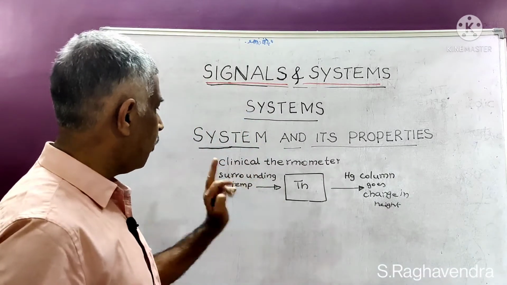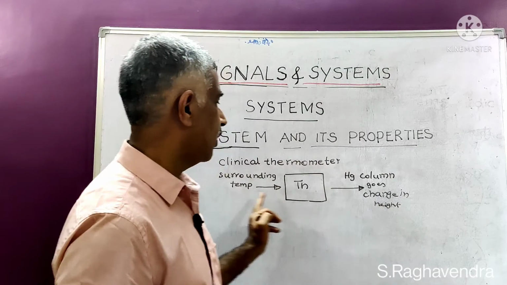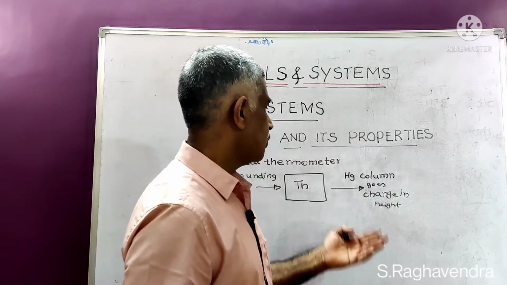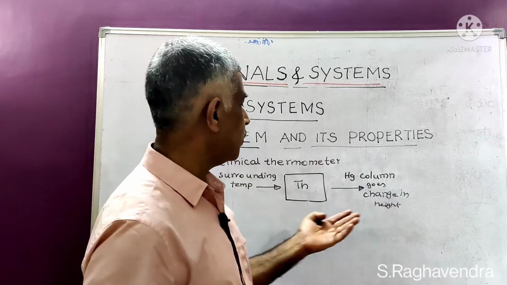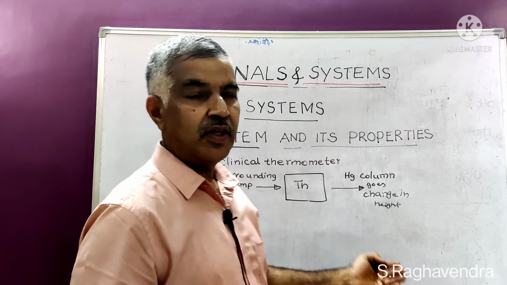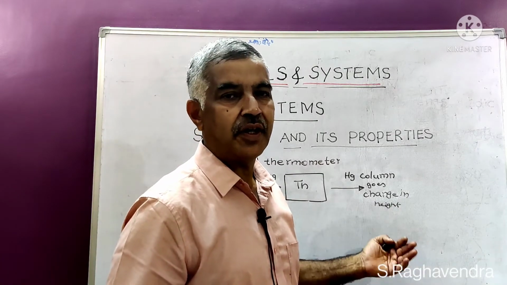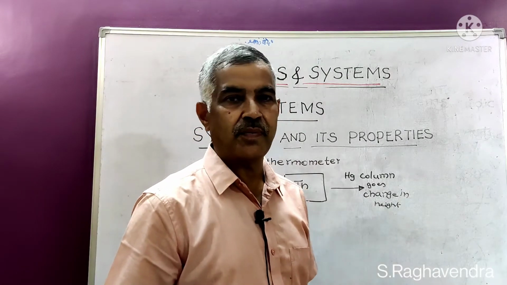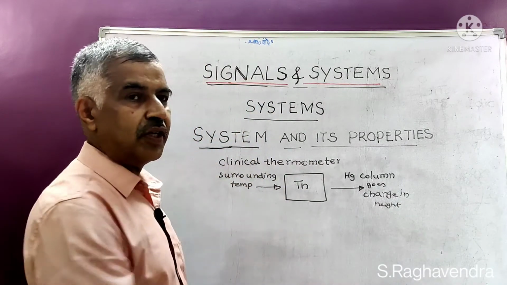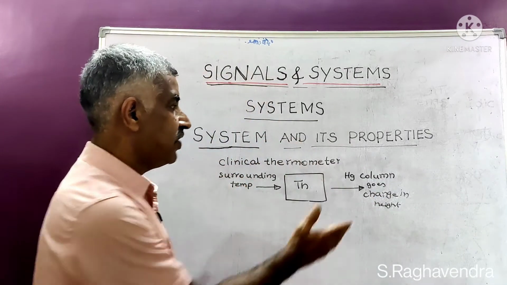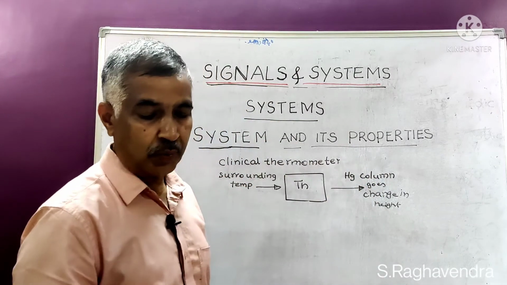So here surrounding temperature forms the input signal, and the mercury column undergoes a change, that is, it responds. So a clinical thermometer responds to the surrounding temperature by undergoing change in height of the mercury column. This thermometer is considered as a system, whereas surrounding temperature is the input signal and the change in the height of the mercury column is the output.